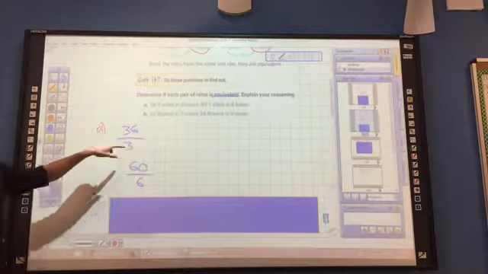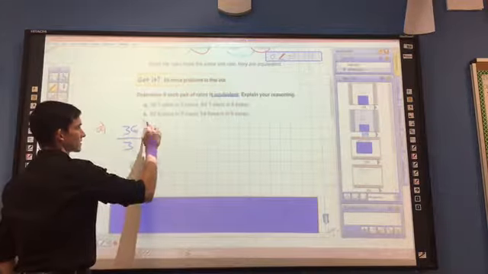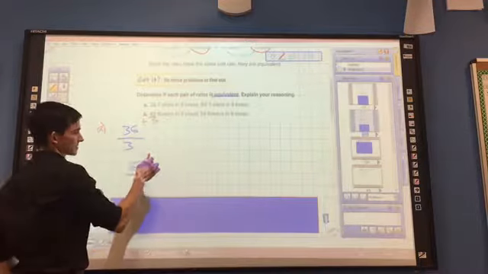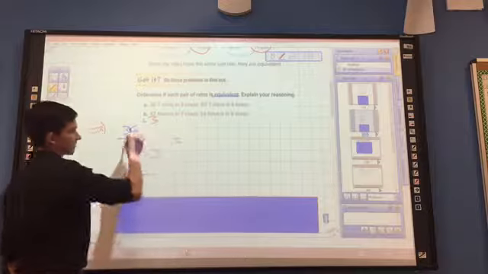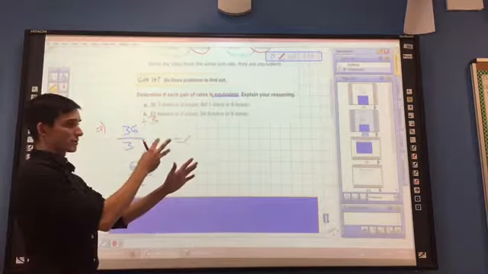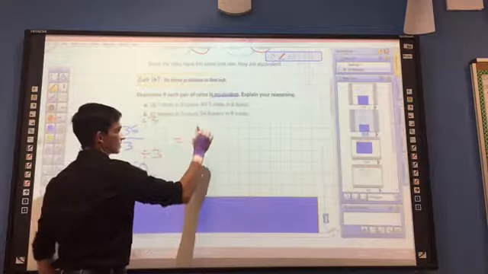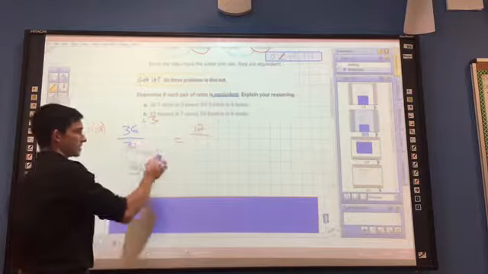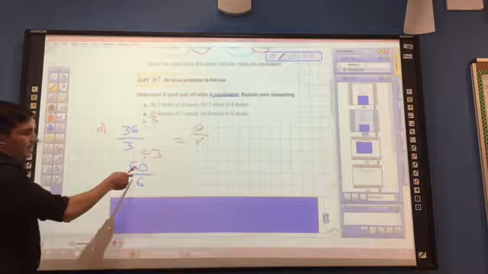To convert to a unit rate, you see the denominator? It's a 3. So I want to divide by 3 on the top and by 3 on the bottom. 36 divided by 3: 3, 6, 9, 12, 15, 18, 21, 24, 27, 30, 33, 36. So that's going to be 12. 3 divided by 3 is 1.